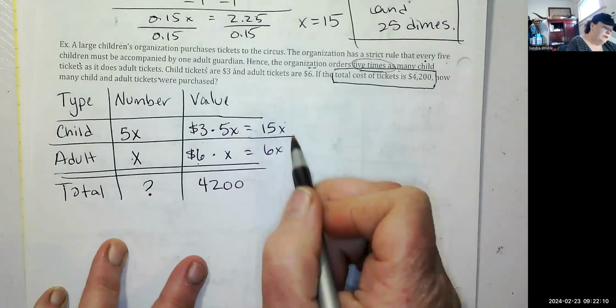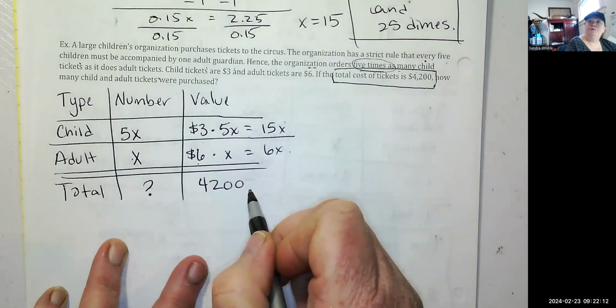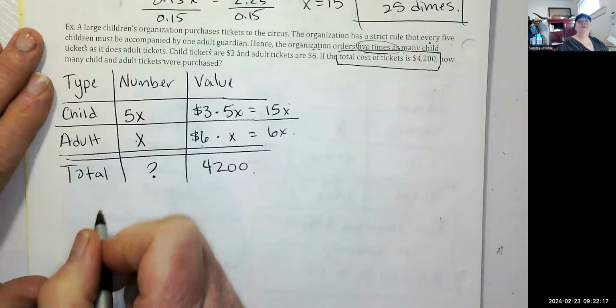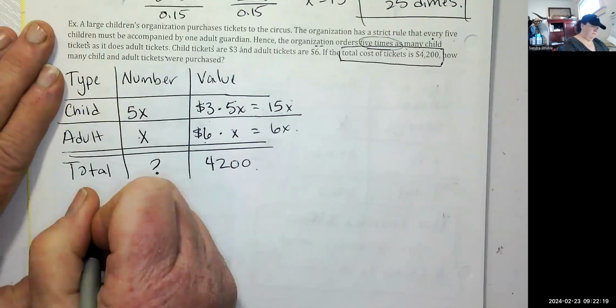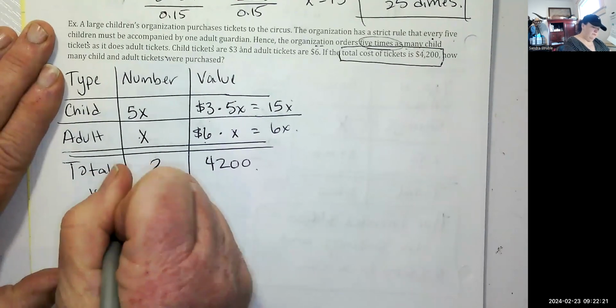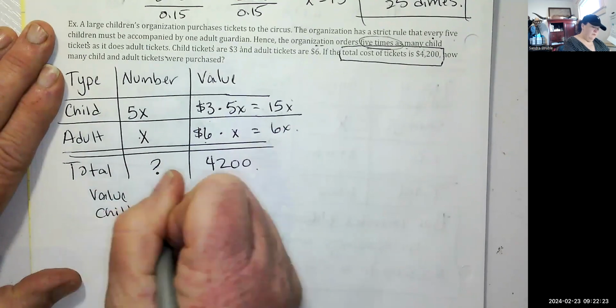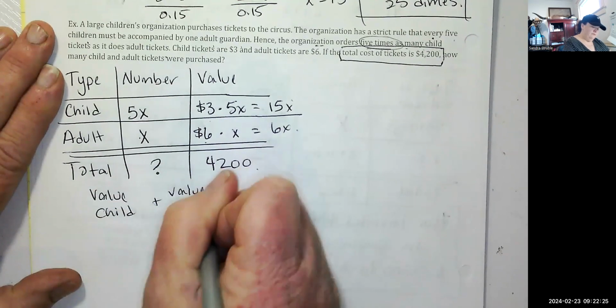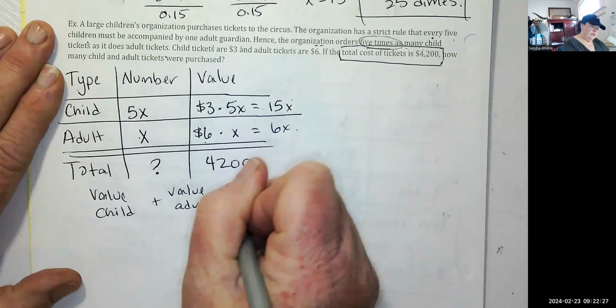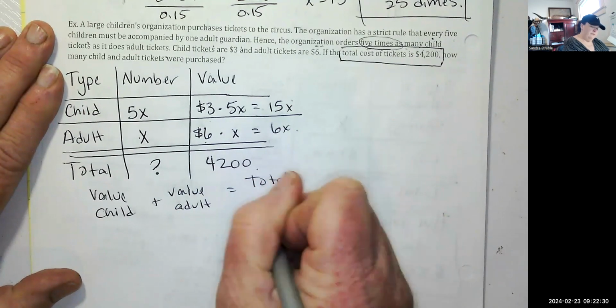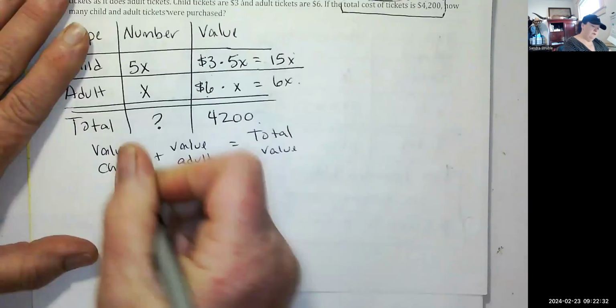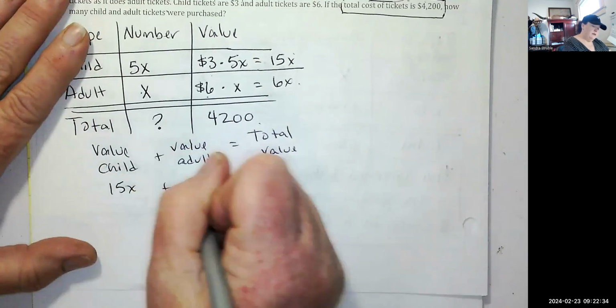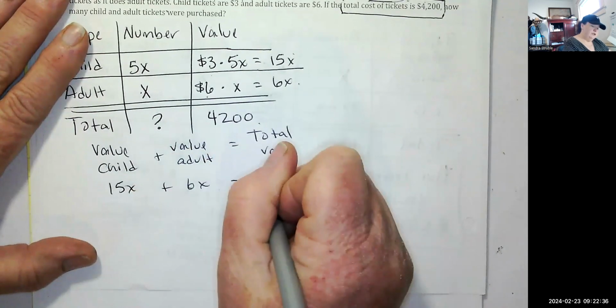If we add these two together and set them equal to 4,200, we can find out how many tickets for each. So 15X, the value of the child's, plus the value of the adult is equal to the total value. So to set that up, it would be 15X plus 6X is equal to 4,200.